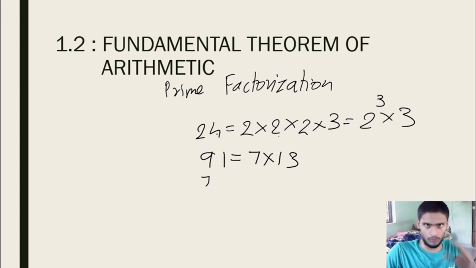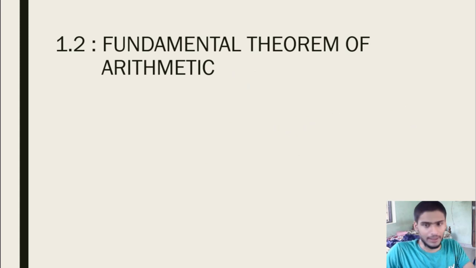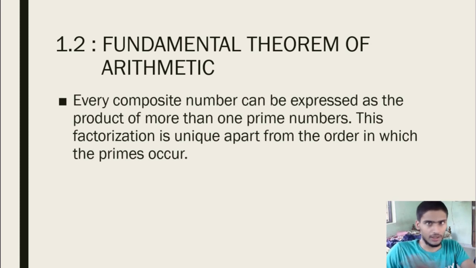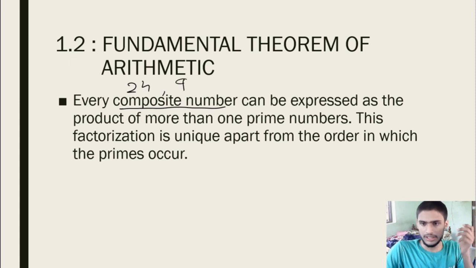This might sound very obvious, you already know all of this, but surprisingly that is all there is to the fundamental theorem of arithmetic. So let's look at the statement and it will become very clear. The fundamental theorem of arithmetic simply states that every composite number, in our case 24 and 91, can be expressed as the product of prime numbers.